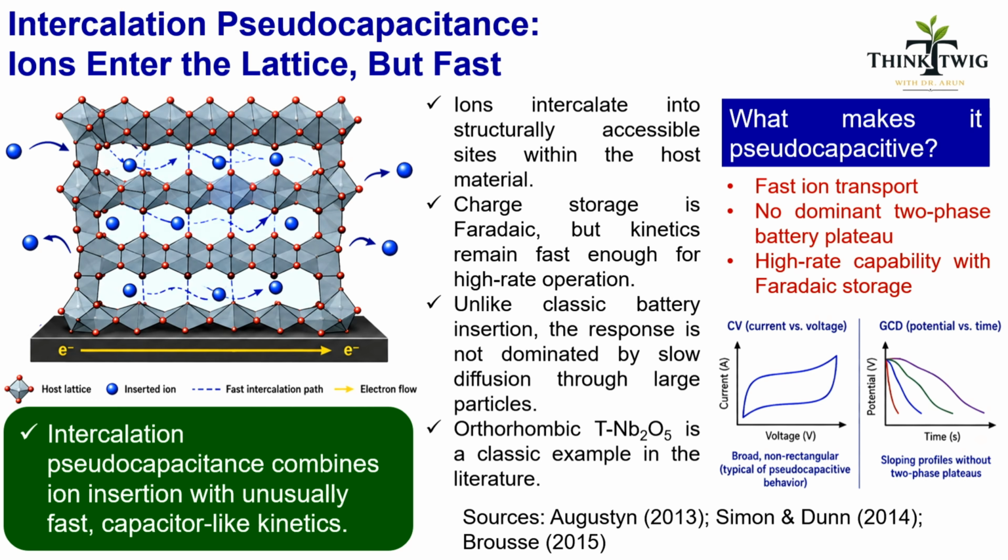Intercalation simply means the ions enter available sites within a host structure. Here, the charge storage is again Faradaic, but the structure provides sufficiently accessible pathways, or you can say active sites, that the ion storage process can remain fast.